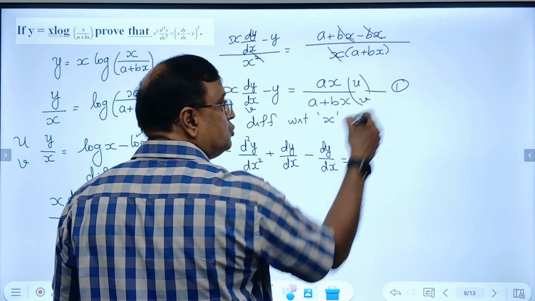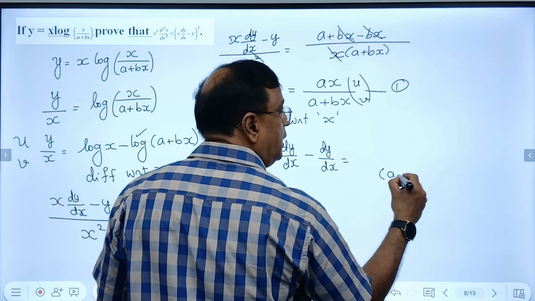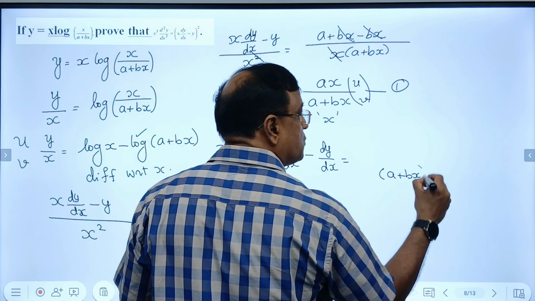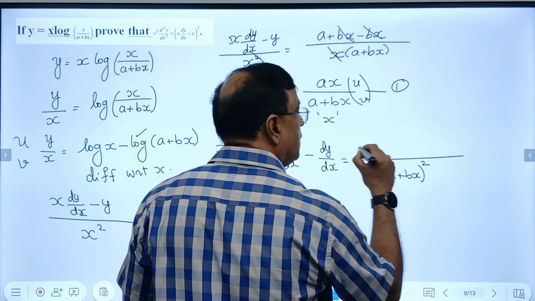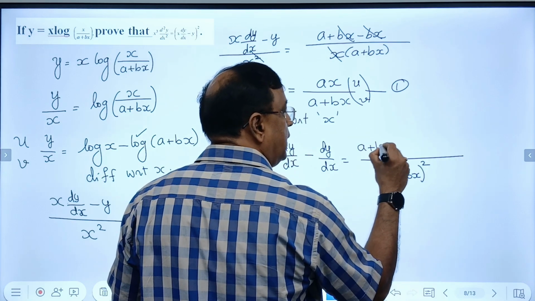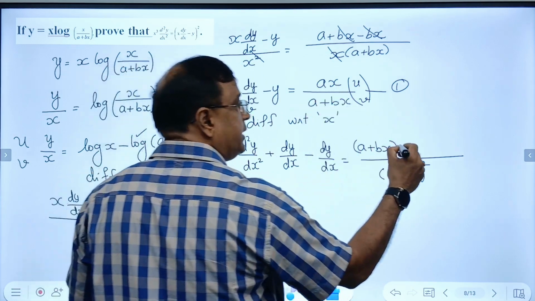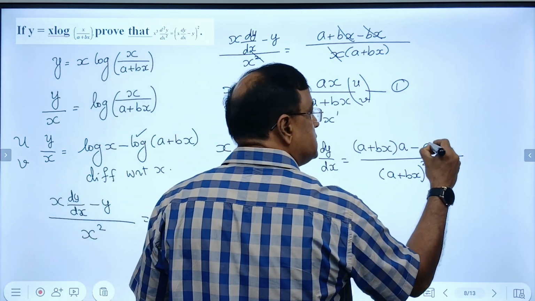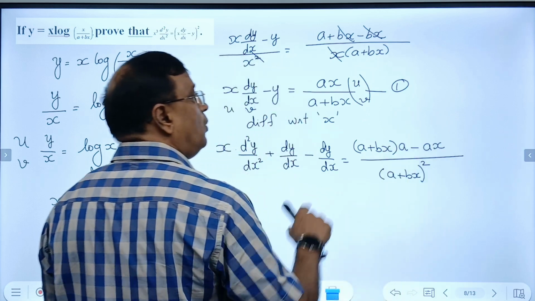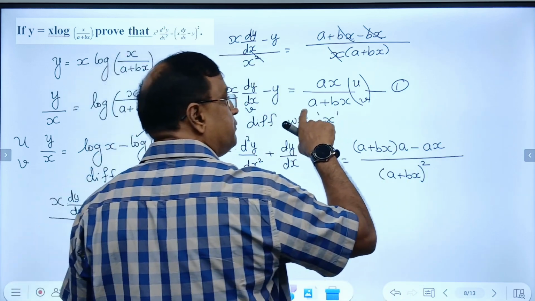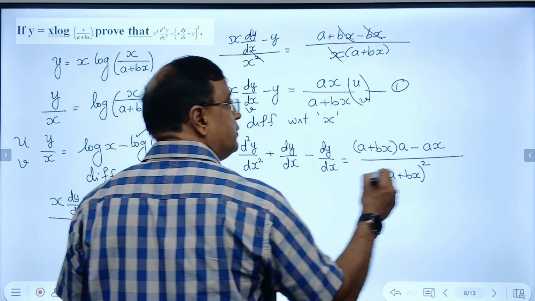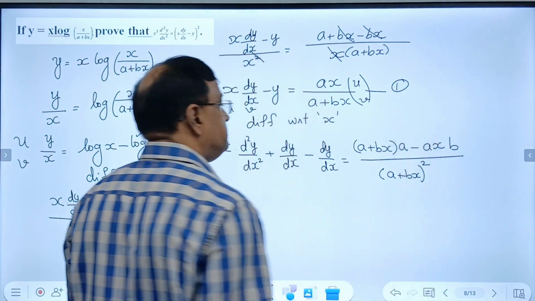How do I do the quotient rule? (a plus bx) the whole square, (a plus bx) into differentiation of u. Differentiation of ax is a, minus u into differentiation of (a plus bx). Differentiation of a is 0, differentiation of bx is b.